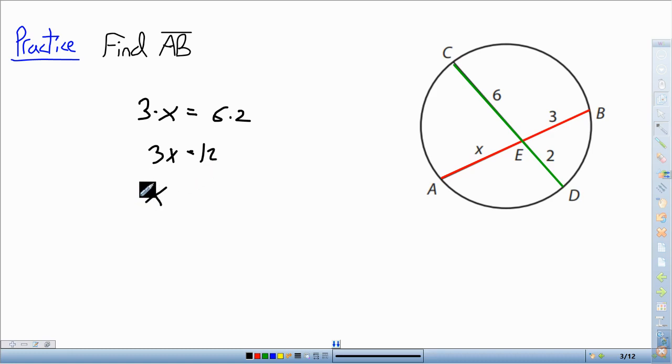Divide both sides by 3. 3 goes into 12 4 times. Be careful. Just like the last problem, it might be tempting to make the same mistake I made and think, sweet, there's my answer. But no, they want all of AB. So segment AB is going to equal 3 plus X, which we figured out was 4. So it looks like AB equals 7.